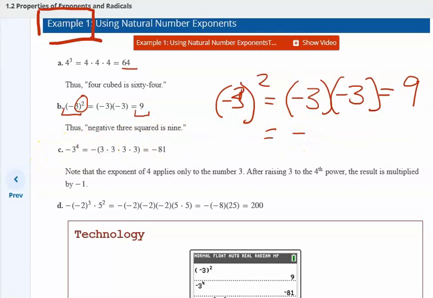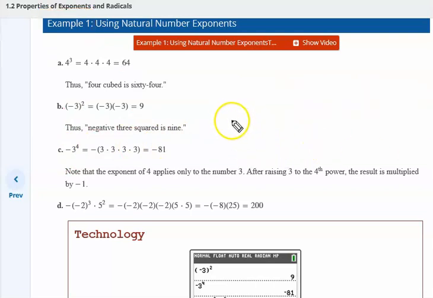Now, letter C is kind of interesting in that it's a negative 3 raised to the fourth, but what is my base here? Is it the negative 3 as it was above, or is it just the 3? And the answer is it's just the 3. The exponent applies only to what's to its immediate left.